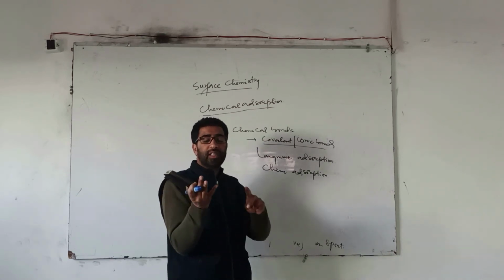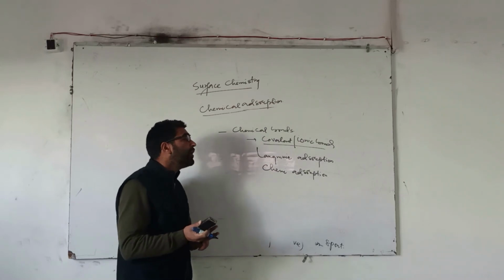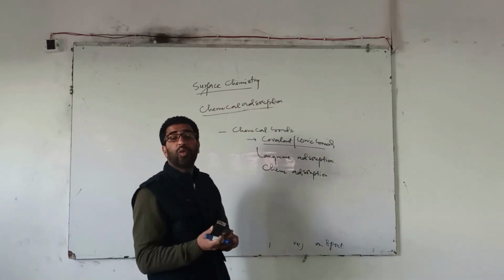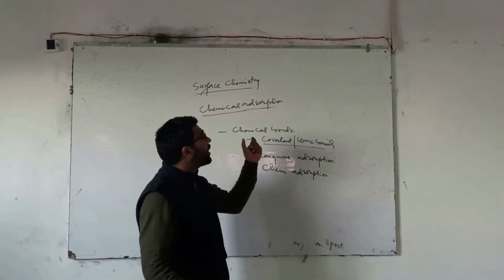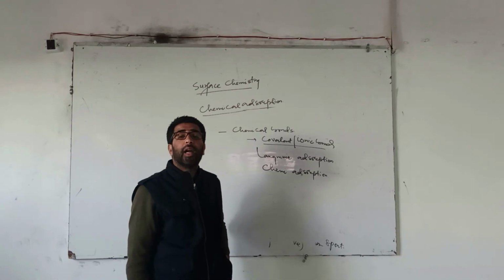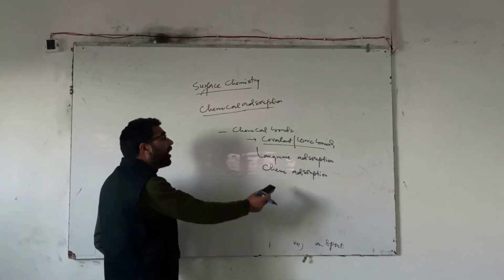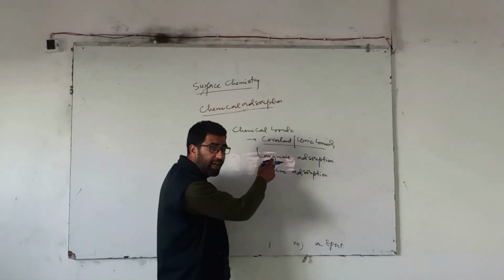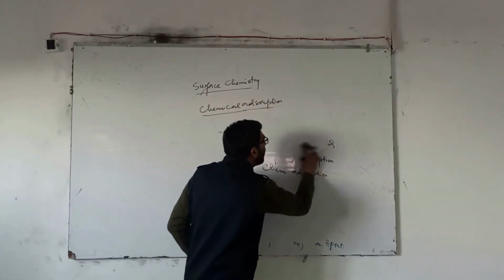It has been seen that there may be the covalent bond or the ionic bond, irrespective of the coordinate bond. But remember, when there are covalent bonds or ionic bonds between the adsorbate and the adsorbent, that type of adsorption is called chemical adsorption. That can also be called Langmuir adsorption, or it can also be called chemi-adsorption.